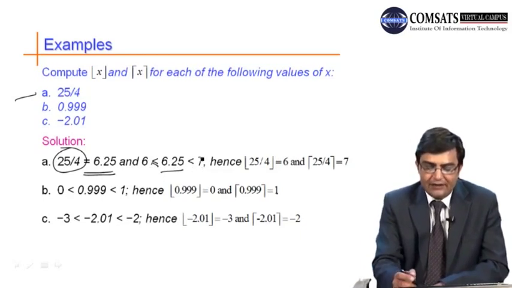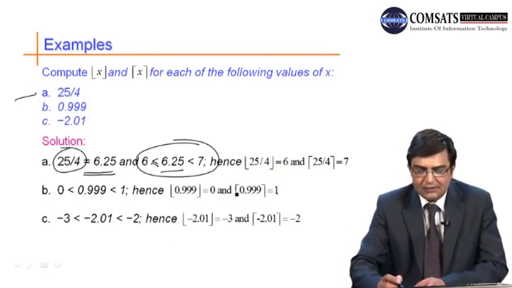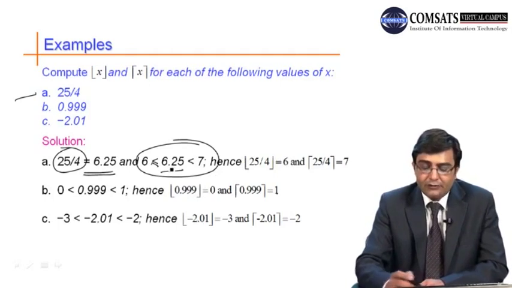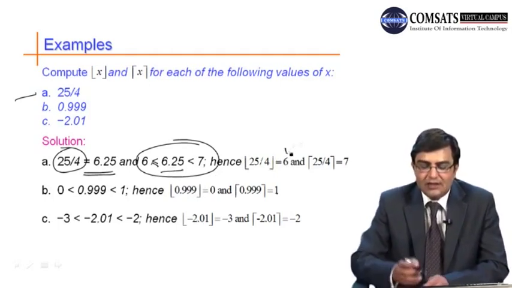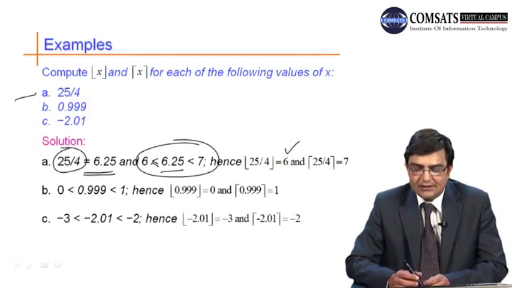So by the definition of floor function, what will be the floor of 6.25? The floor of 25 by 4 or 6.25 will be 6, as we see in the definition that the floor of any real number is the immediate lesser integer of that number.